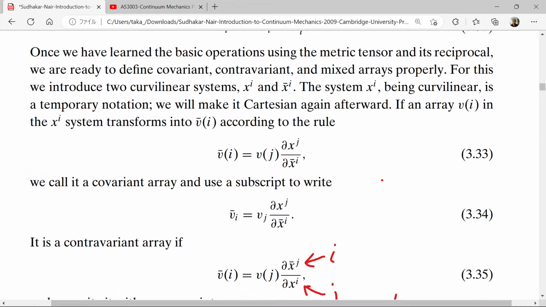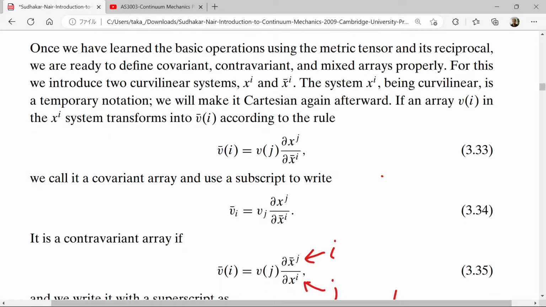Once we have learned the basic operations using the matrix tensor and its reciprocal, we are ready to define covariant, contravariant, and mixed arrays properly. For this, we introduce two curvilinear systems, xi and x bar i.